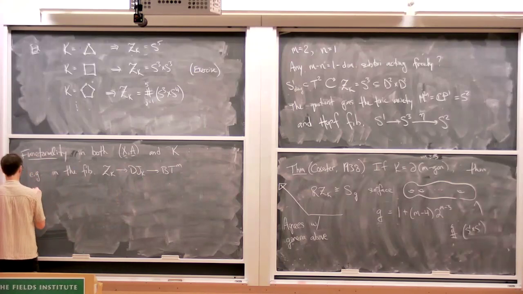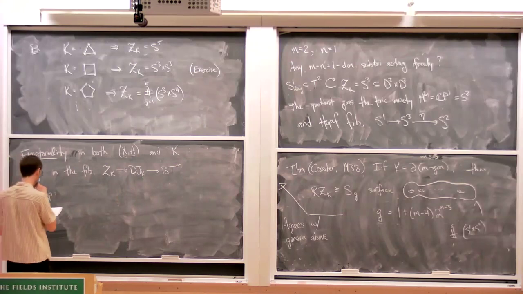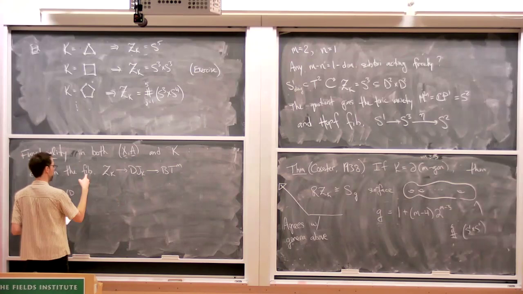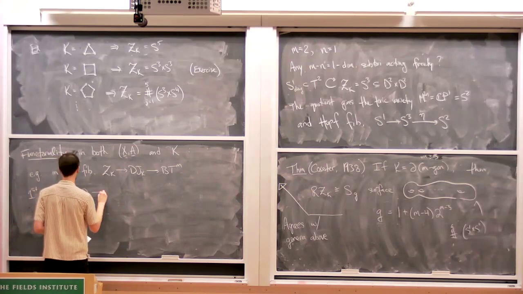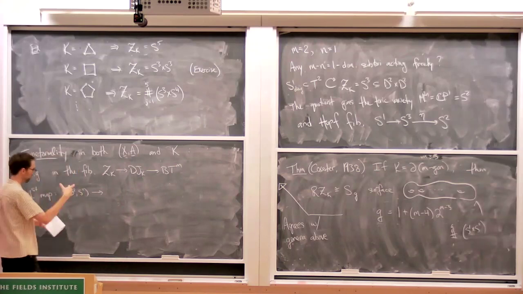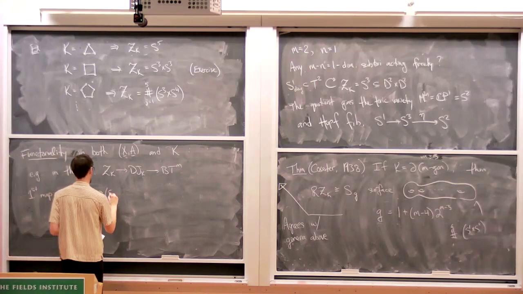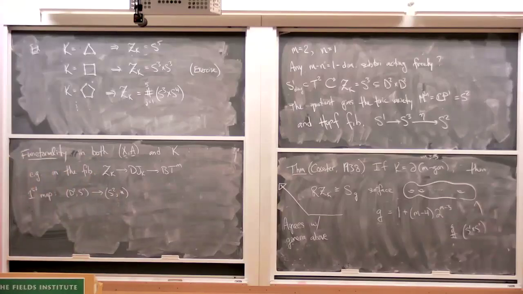You would guess this if you stared at it long enough: if we took (D^2, S^1), the defining pair for the moment-angle complex, and we just pinch the boundary to a point, it gives us a map to (S^2, a point).